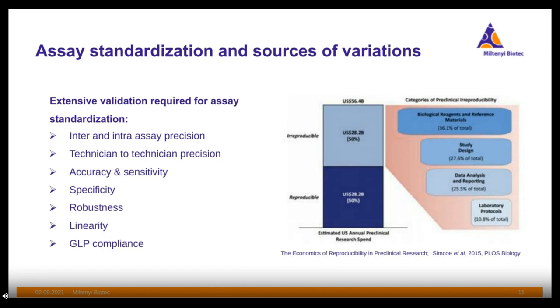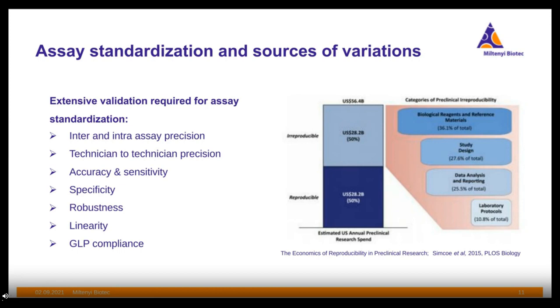The top culprit of which is biological reagents and reference material, which refers to almost 36% of the irreproducibility reason. Also followed by study design that can also affect irreproducibility, causing almost 27% as the reason.